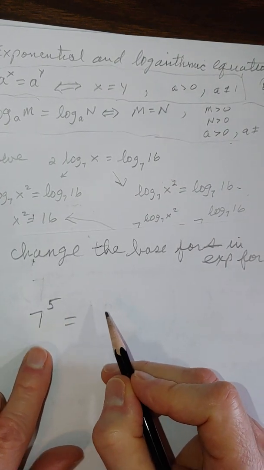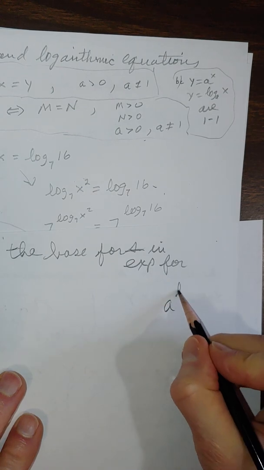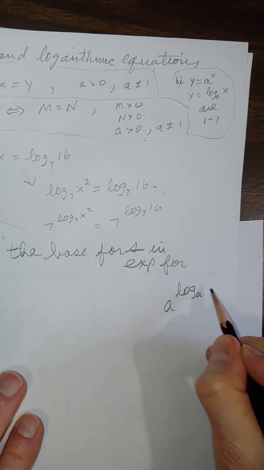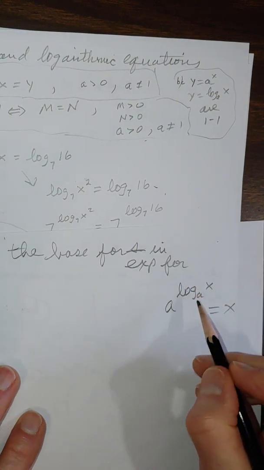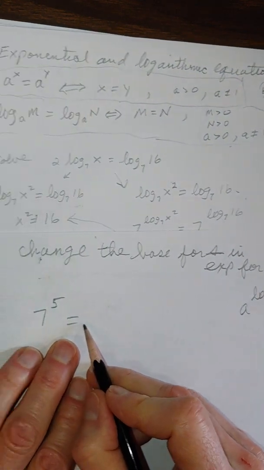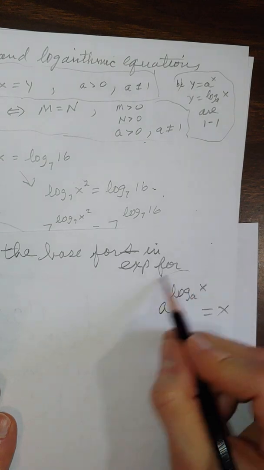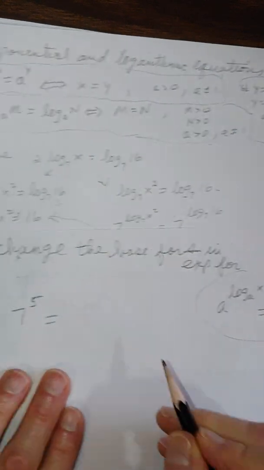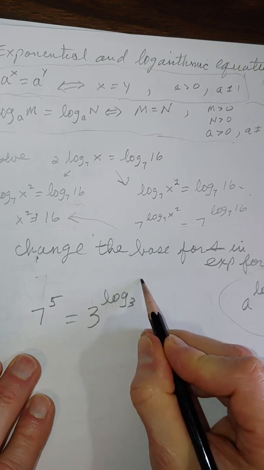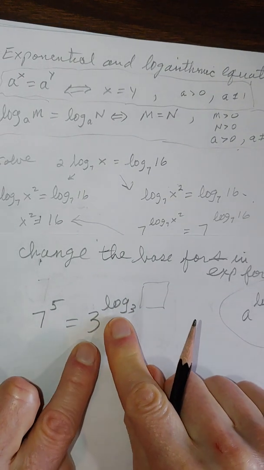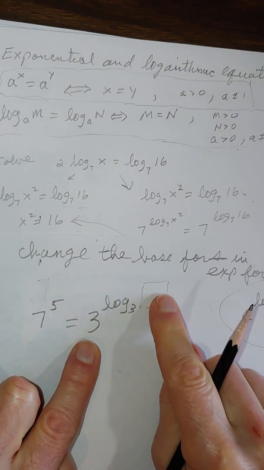I can do that. Remember this: a to the log base a of x equals x. So if I want to change this to a base of 3, I can write it as 3 to the log base 3 of something. See, these two undo each other. Whatever I put right there is the answer.